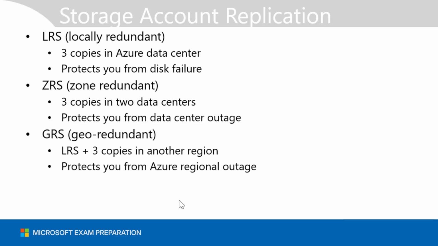GRS, or geo-redundant storage, means you have 3 local copies in the Azure region where you created your storage account, plus 3 additional copies in a secondary region. You don't get to pick that region, because Azure picks that region, has a high-speed data line between those 2 regions, and it asynchronously copies those additional files to the secondary region. So GRS protects you from a whole regional outage, as if East US went offline or something.